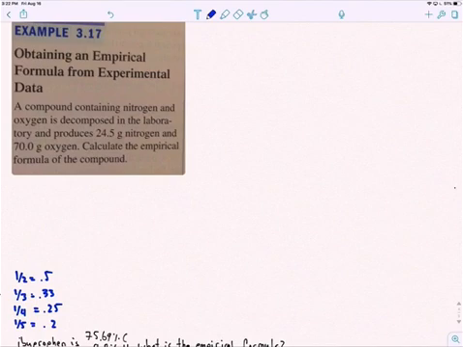So in chemistry, your reflex should be moles. I'm trying to train you to think, okay, moles, moles, moles. So we have 24.5 grams of nitrogen times moles nitrogen to 14 grams of nitrogen.